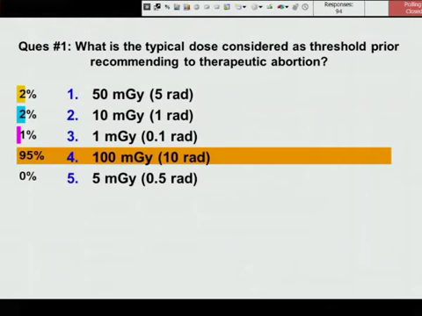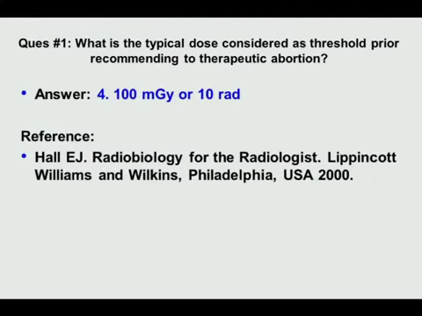I'm glad 95% chose 100 milligray, and that's the correct answer. Here's the reference, listed in Eric Hall's book, Radiobiology for the Radiologist. This is another highly recommended book for medical physicists for understanding radiation biology. They have a 5th edition now.